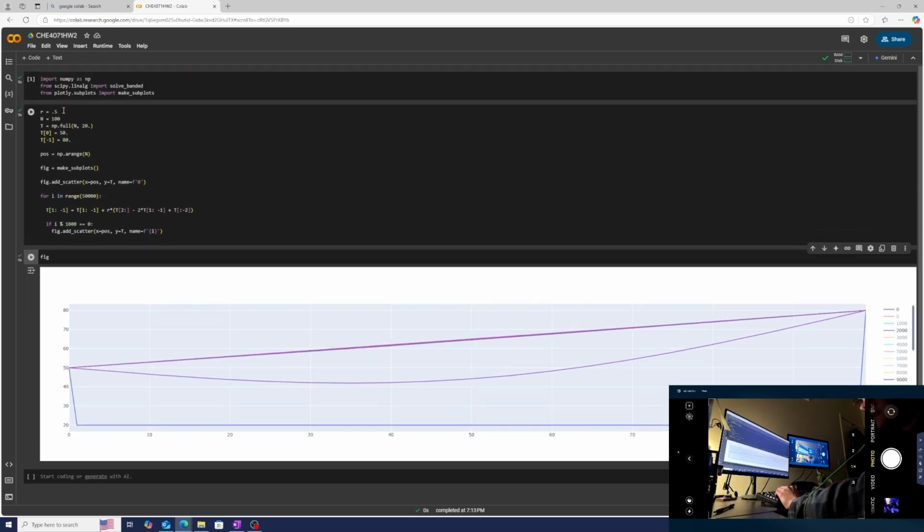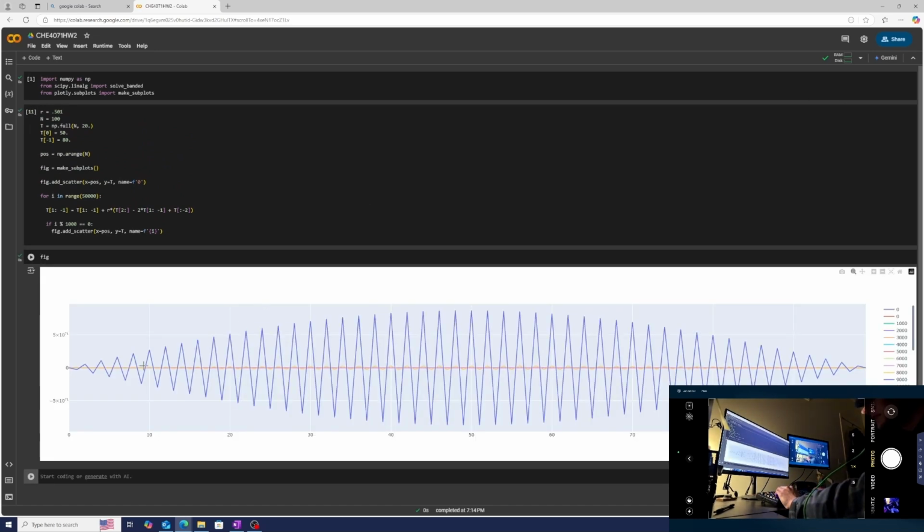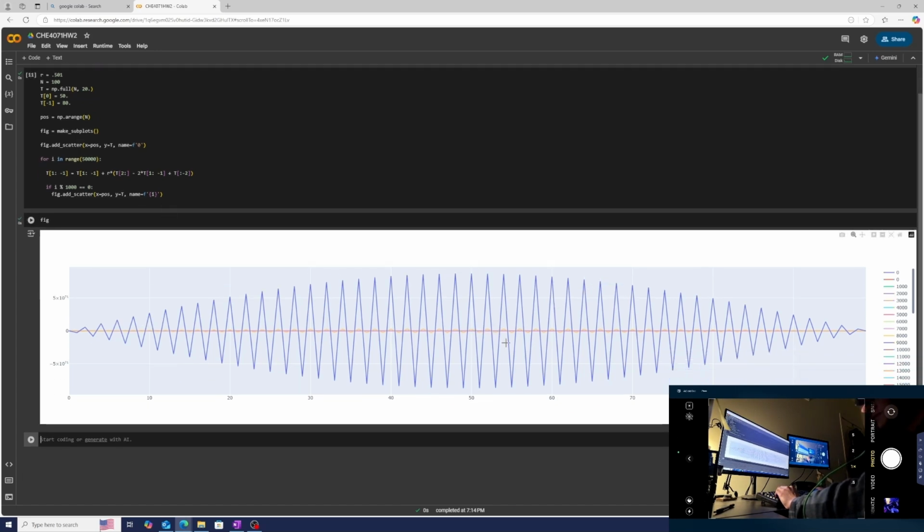So now what happens when we change our R to be even just a little bit higher? We can see that these numbers are enormous, and this is no longer stable, and it is exponentially growing.